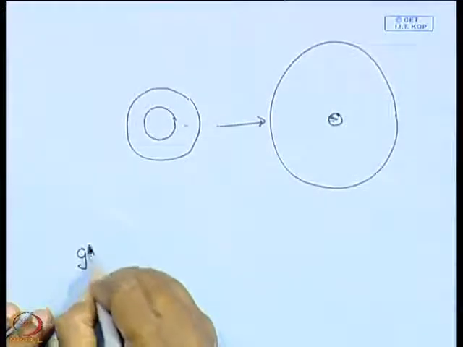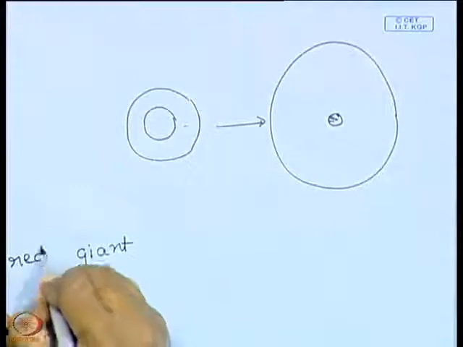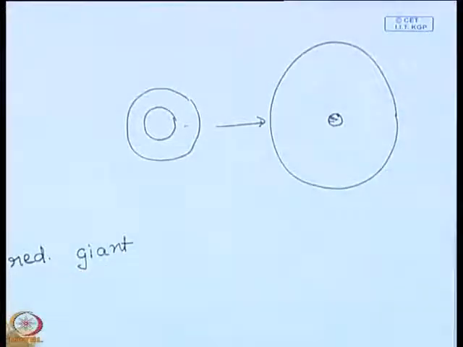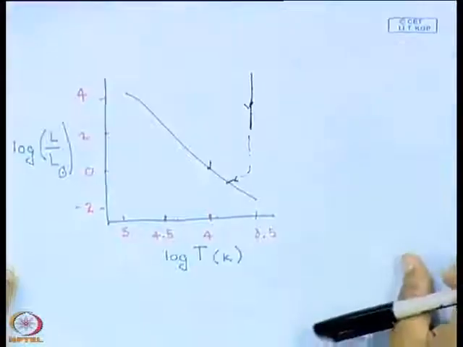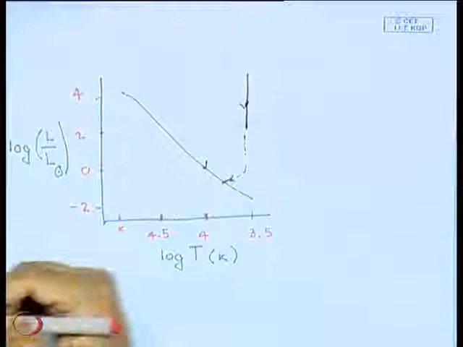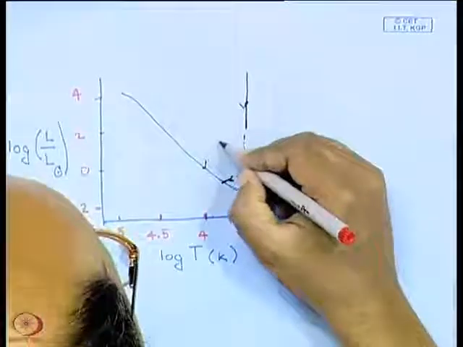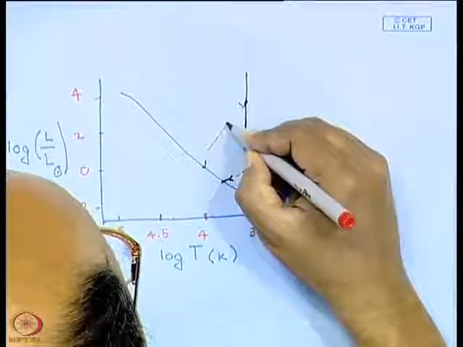So, this star now becomes what is called a giant, a red giant. Red because it has become cooler, and a giant because its radius has gone up, and its luminosity also has gone up. So, this now lies on a part of the HR diagram that looks like this.